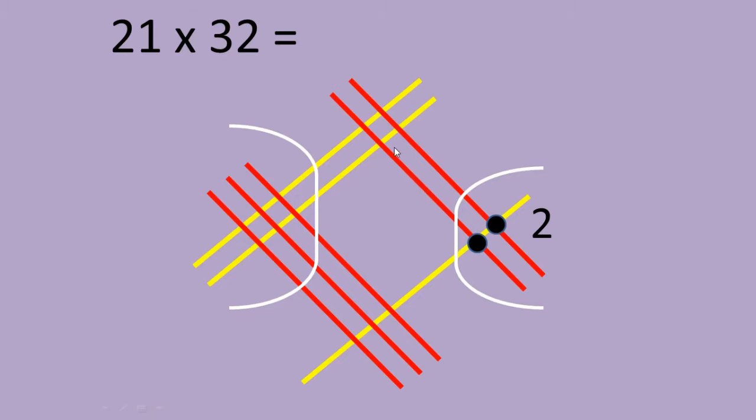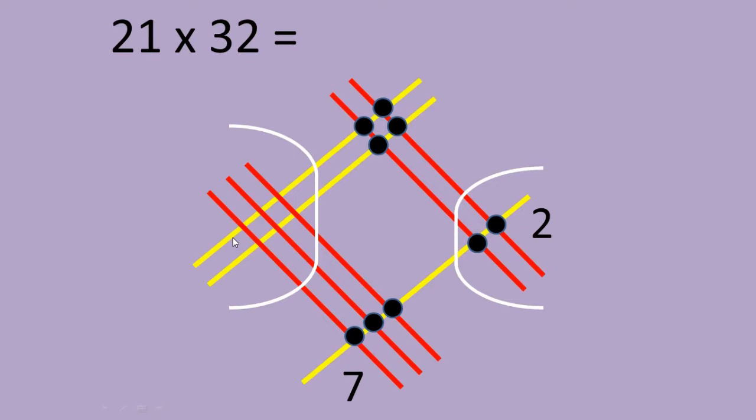In the second part, we have 1, 2, 3, 4, 5, 6, 7. So we have 7 intersecting lines.